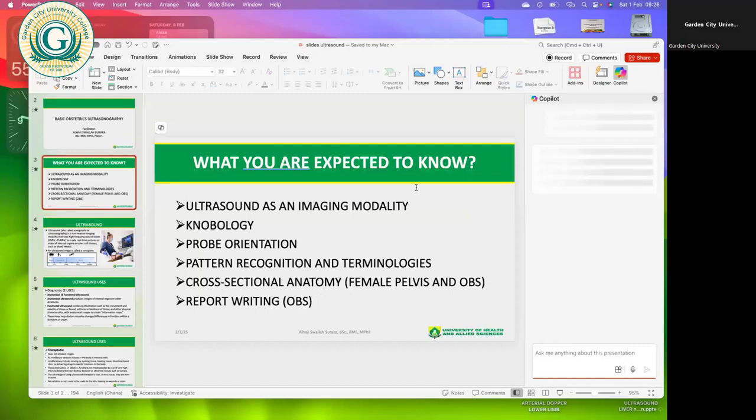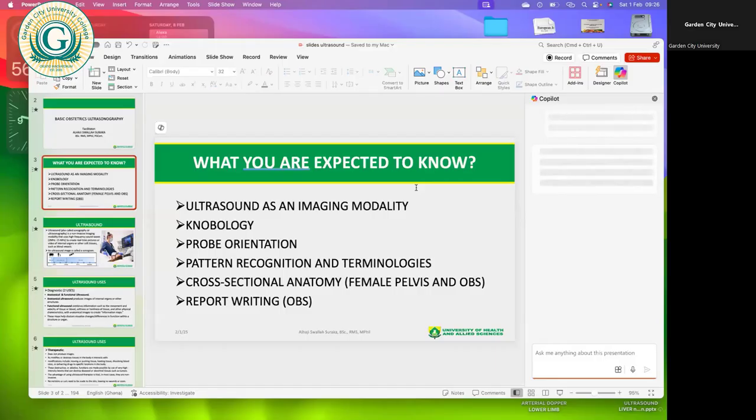There are a lot of equipment knobs or buttons on the ultrasound machine that allow you to perform specific functions. So we'll be talking into details about these knobs and how they can help you attain what you want to attain during your examination, especially for diagnostic purposes.